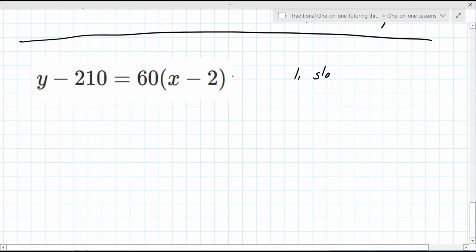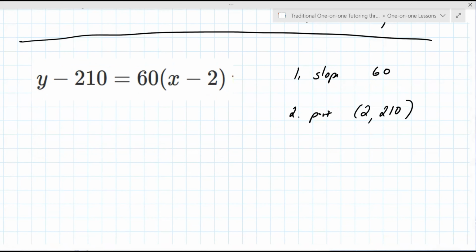The slope is 60 and the point is +2, +210. Perfect. And it said really well. All right.